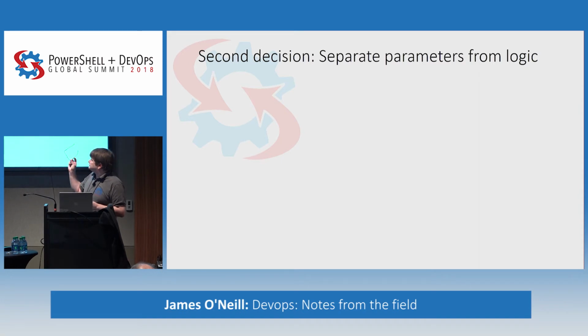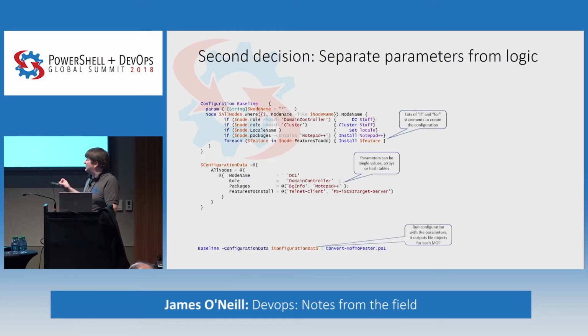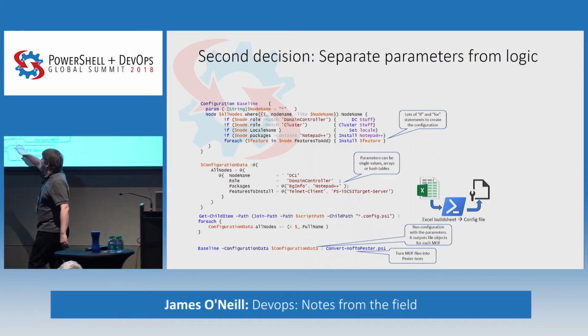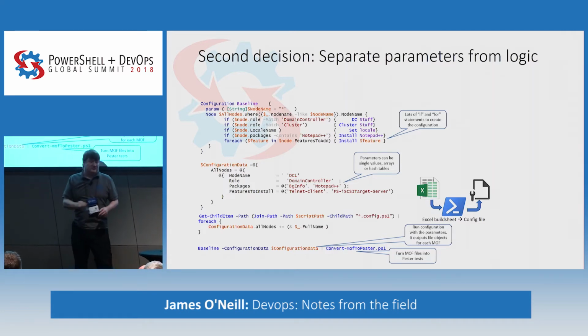So the first decision we made was around PowerShell. The second one was enforcing this thing of separating the parameters and the logic, and being able to just say, right, go and look for any files that are called config.ps1, and if you've got one of those that's been spat out, just add that to the nodes in the configuration.